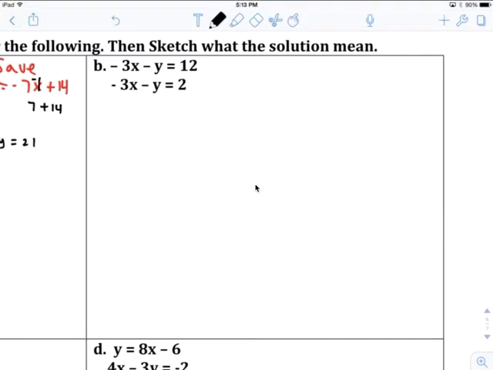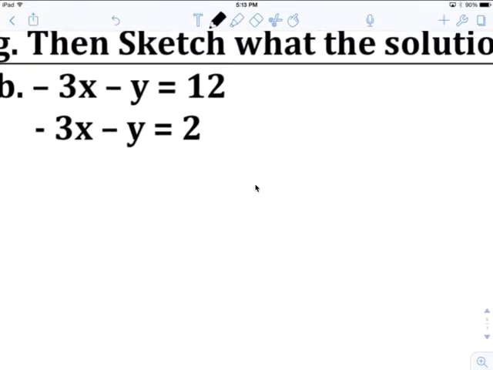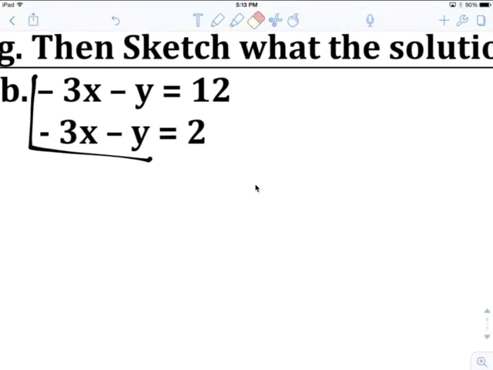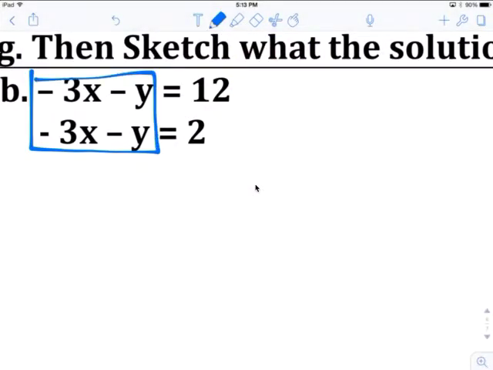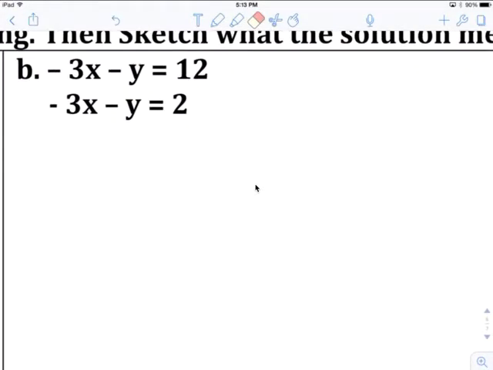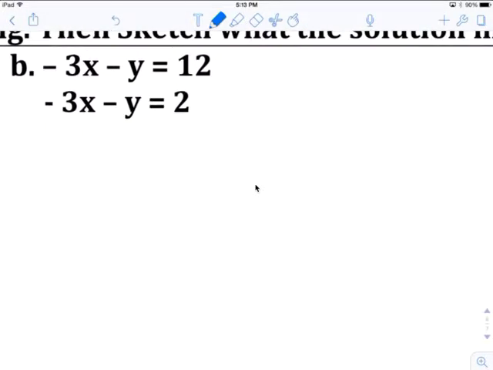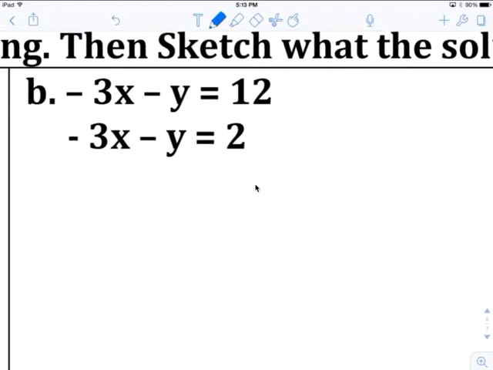We're going to use elimination here because these are both in standard form. So you need to use elimination. Let's eliminate the y's. We want that to be a positive one to make it equal to 0. In order for that negative one to change to positive, you need to multiply it by a negative 1.